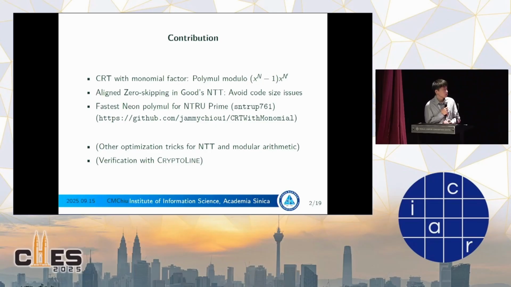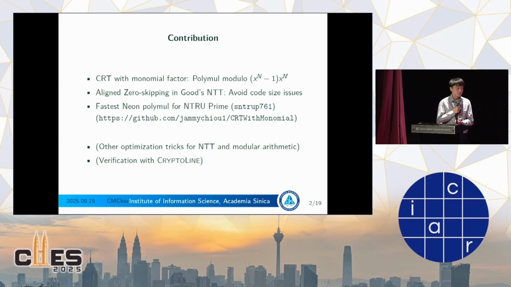The second contribution is we described a way to align the zeros in the Good NTT, the zero paddings in Good NTT, so that we can perform zero skipping efficiently while avoiding code size issues.